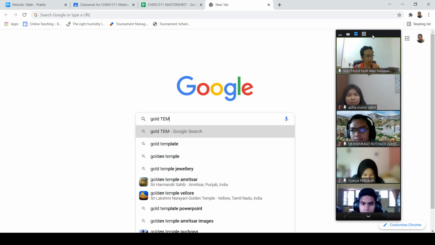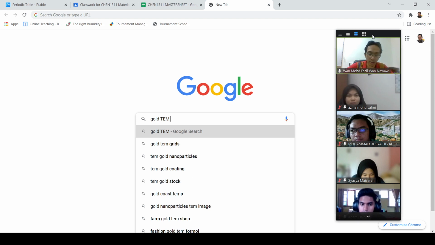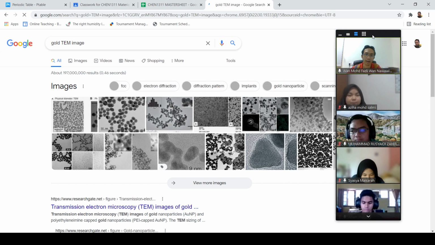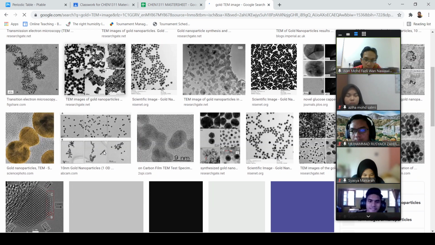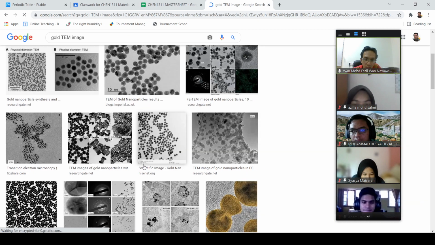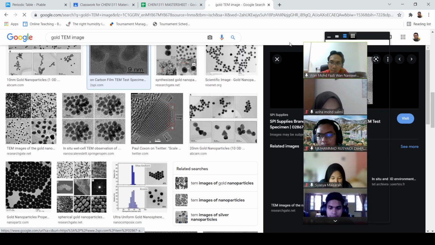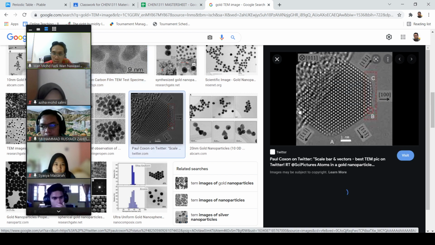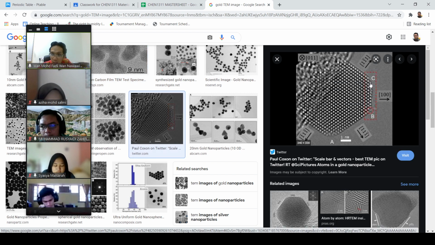Later on we will learn about TEM if we have time. Gold TEM image means people put a sample under the microscope, so you can see the lattice here, the atoms that they can see.